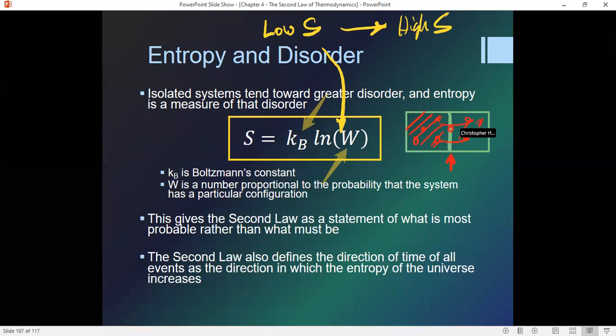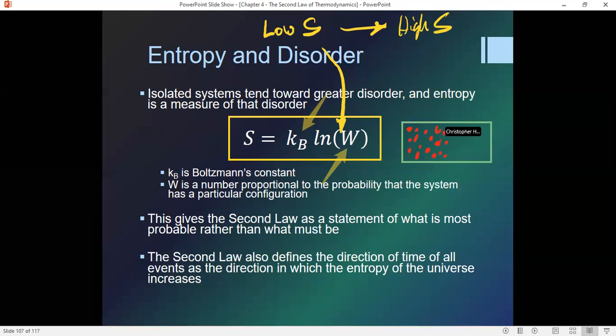What's the probability that all the molecules are going to return to their original state, that all the molecules are going to go off to the left and fill this side up and leave the right side unfilled?